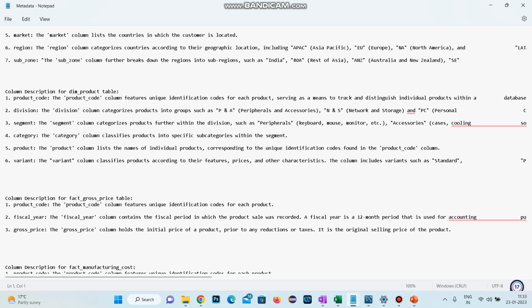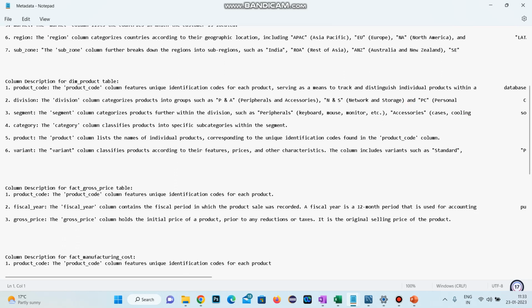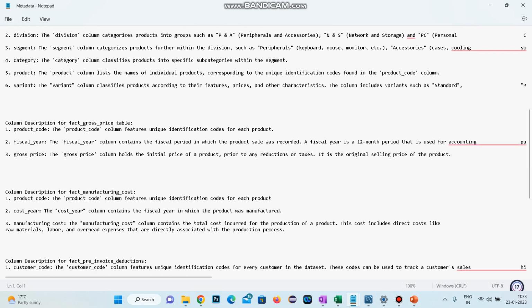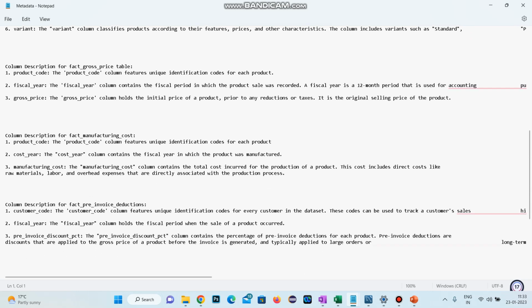Fiscal year is 2021 and 2020 here. The fourth table is fact manufacturing cost, which contains product cost, cost year, meaning the year they were manufactured, and manufacturing cost. Manufacturing cost includes raw materials, labor, and overhead expenses.